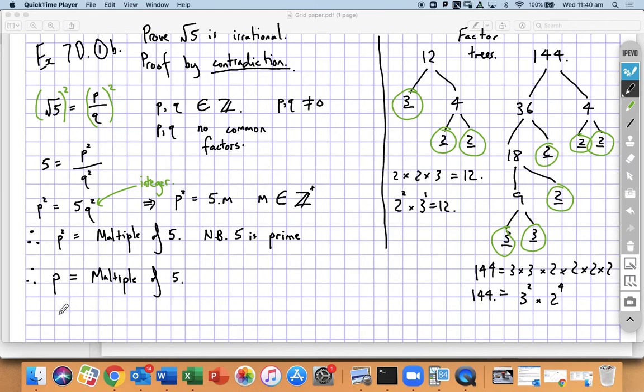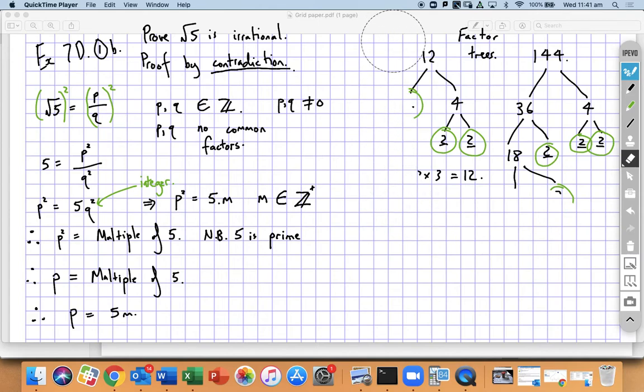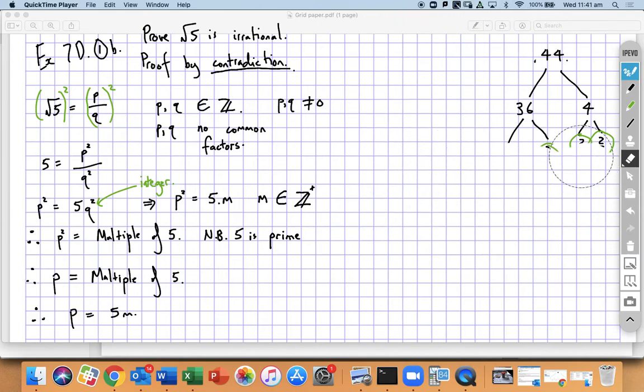So I could say something like, therefore, P could be expressed as 5 times m, okay? And this is really just a method that we're following through. The method's outlined in the book, like I said earlier. Right?